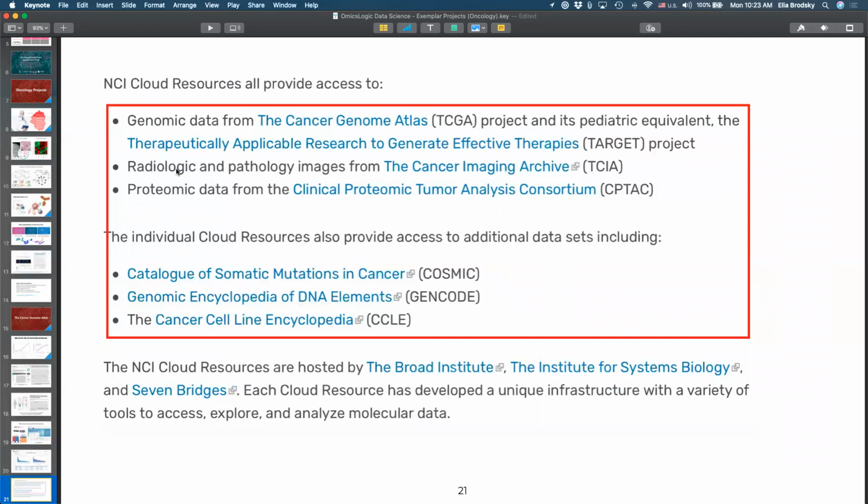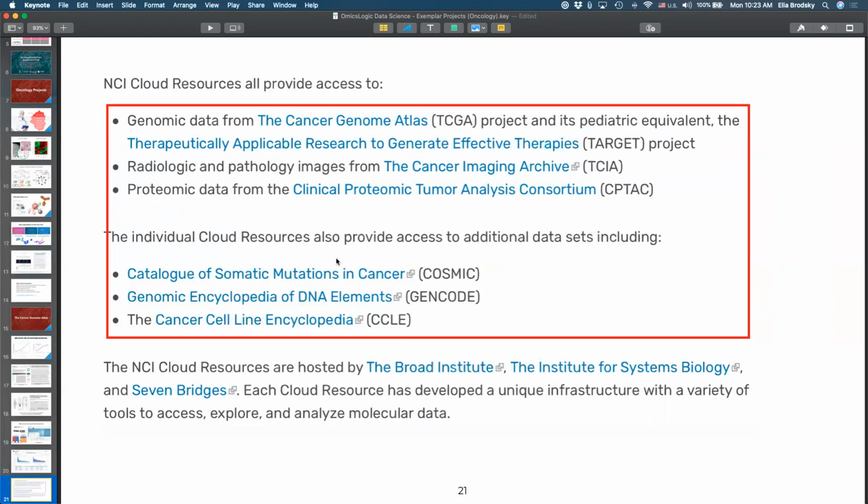It provides the radiologic and pathology images, so you can actually look at images from the Cancer Imaging Archive, and proteomic data. So genomic data is going to be all the sequencing data that we talked about a lot in this program. Gene expression, genomic data, so DNA variation, epigenetic data, copy number variation, things like that. You have radiologic and pathology images, and you have proteomic data.